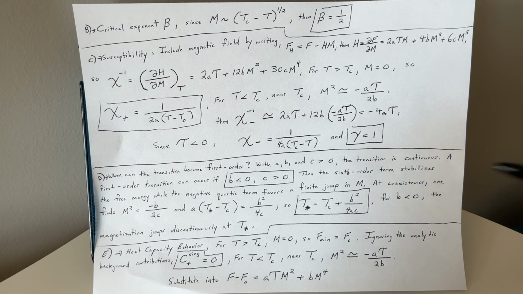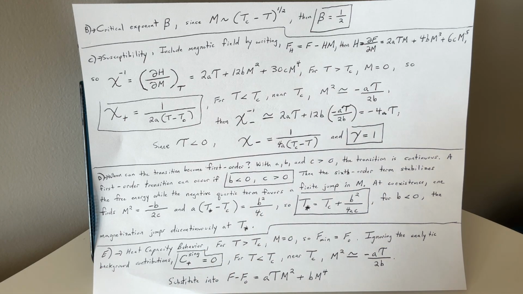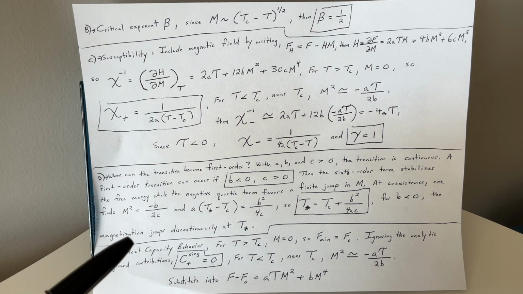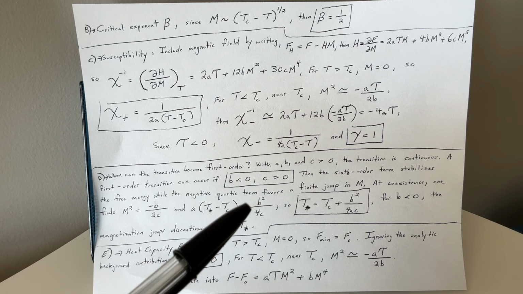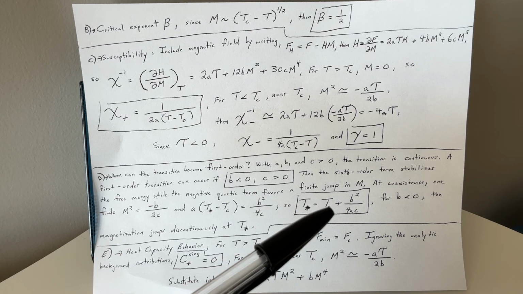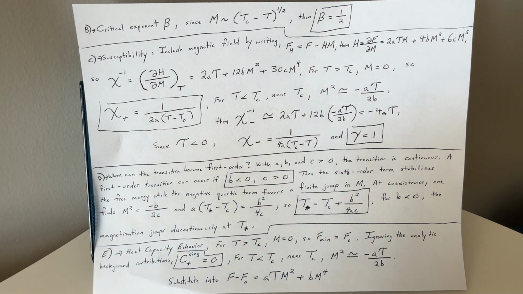Then the sixth order term stabilizes the free energy while the negative quartic term favors a finite jump in M. At coexistence, one finds M squared equals negative B over 2C, and A times the quantity T star minus T sub C equals B squared over 4C. So that T star equals T sub C plus B squared over 4AC for B less than 0. And the magnetization jumps discontinuously at T star. Some would say T sub star, whichever you prefer.